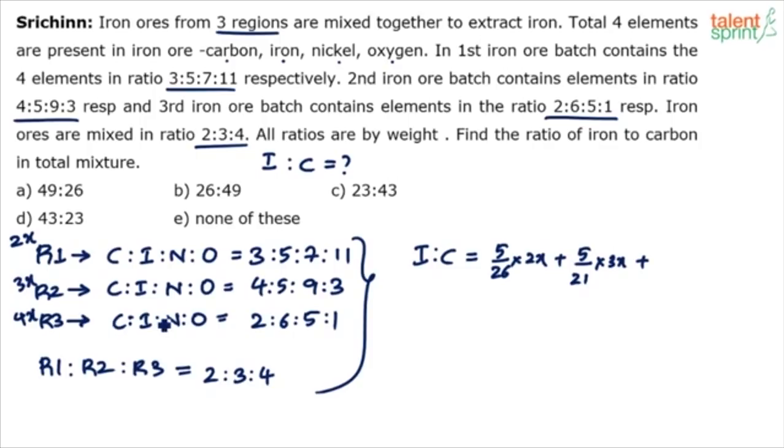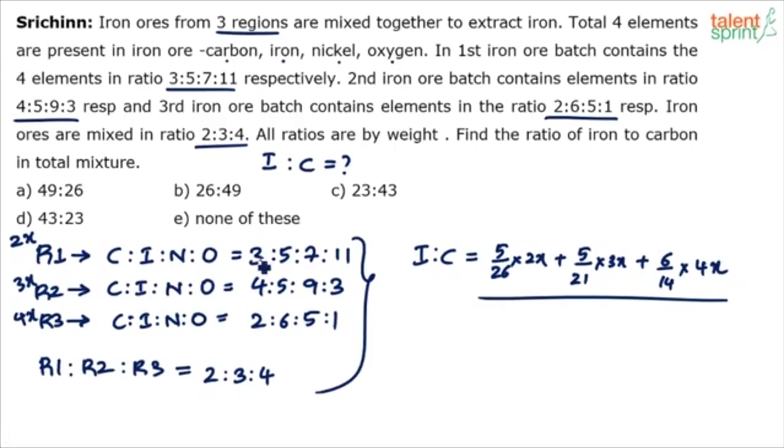Plus the third region: 6 parts out of total 2 plus 6, 8, 8 plus 5, 13 plus 1, 14, multiplied by 4x. I is to C is nothing but I by C, so this is divided by carbon's content.